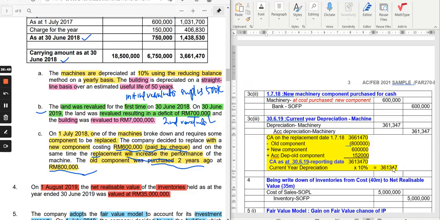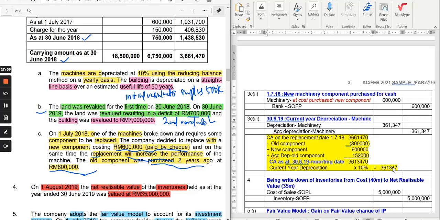So that is how you calculate for that. Remember, this is not what you have to learn here. This is what you have learned before, and make sure you still remember that.